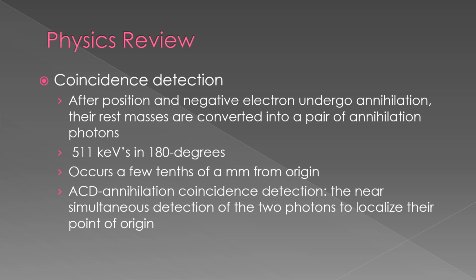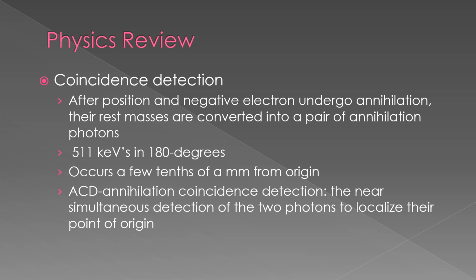Some of them don't travel as far before they annihilate. Some of them travel a little further. And so the spatial resolution will be slightly different for different PET radionuclides because it will travel a little bit before it annihilates, and we can only see the annihilation photons. We cannot see the original origin of the positron.